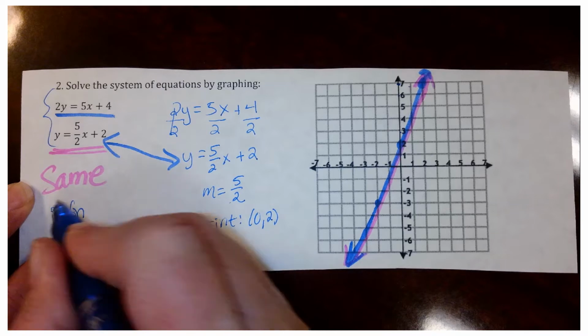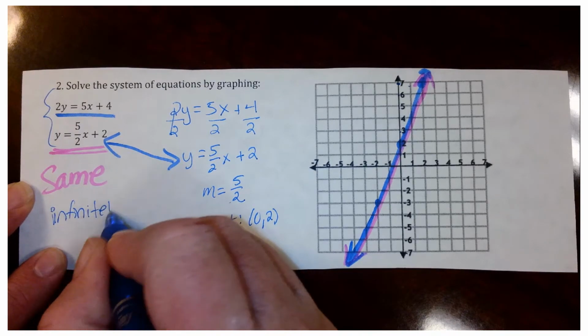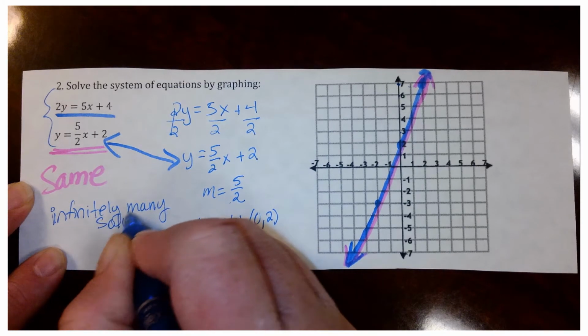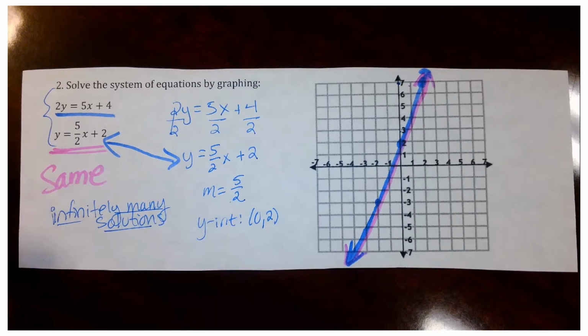Infinitely many solutions. Every single point on that line lies on top of the other line because they're exactly the same.